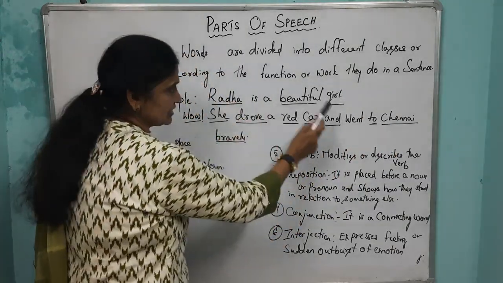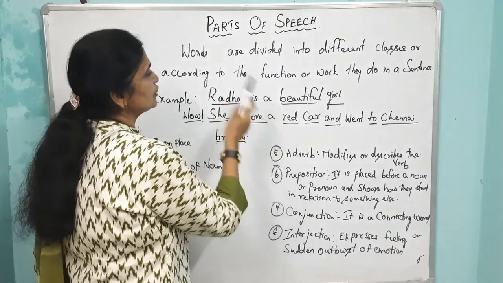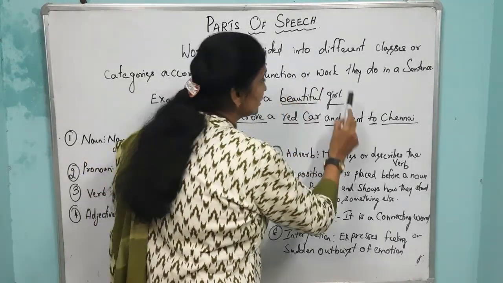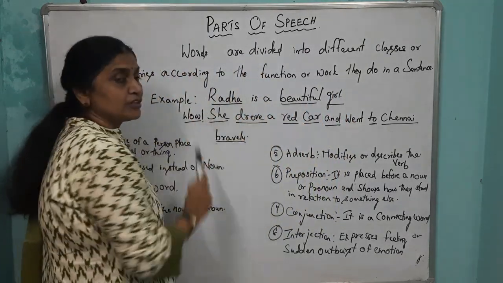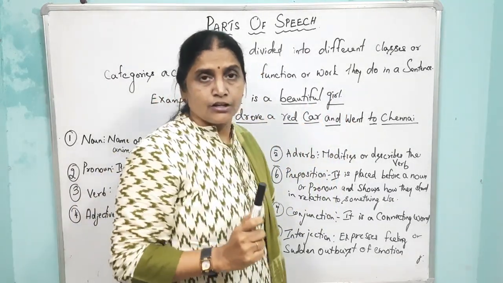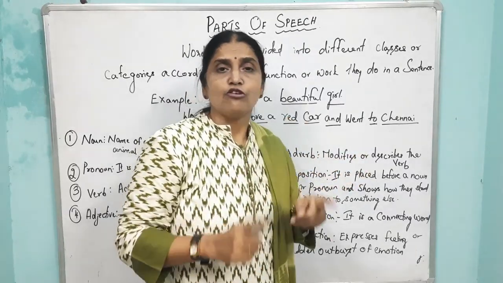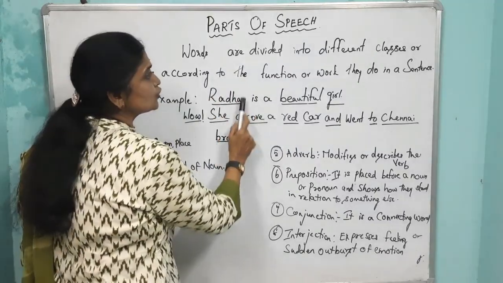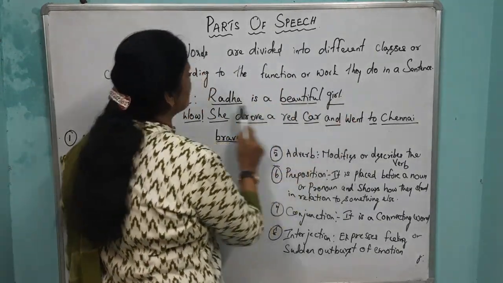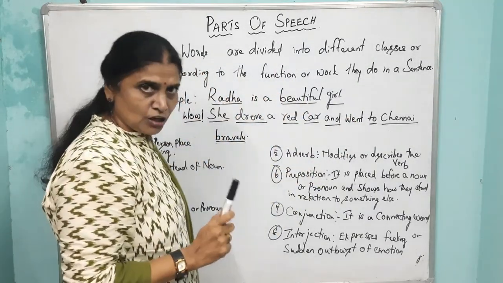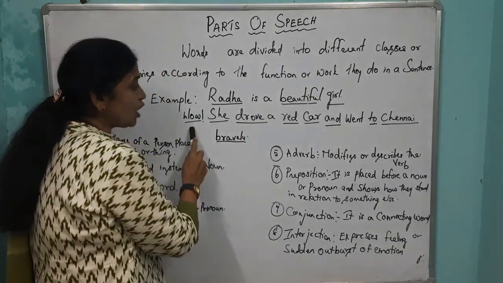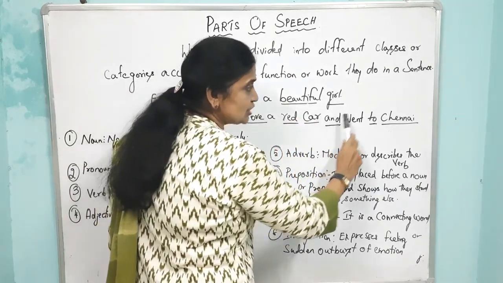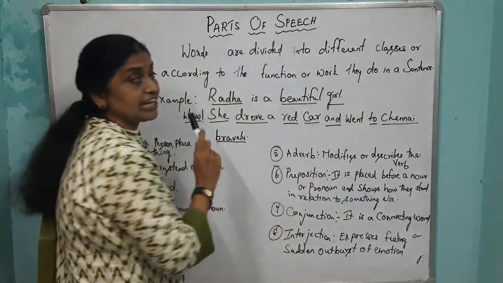Let us take the first sentence. In this first sentence, you have Radha is a beautiful girl. 1, 2, 3, 4, 5. Five words are there. Not all these five words perform the same function. Each word has its own duty, its own work to perform in this particular sentence. Now take the second sentence. Wow, she drove a red car and went to Chennai bravely.